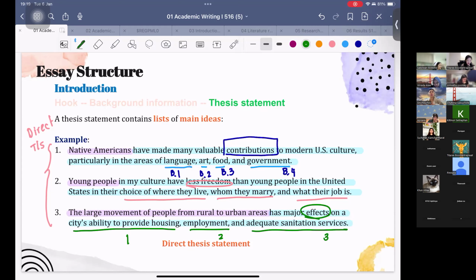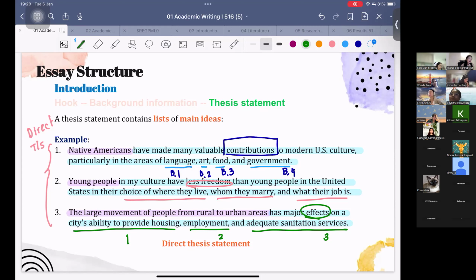So based on this one, the author is going to talk about 3 effects, and we can expect that the first effect is about the ability to provide housing, then employment in the second body paragraph, and the third body paragraph is going to be sanitation service. So this would be a direct thesis statement.